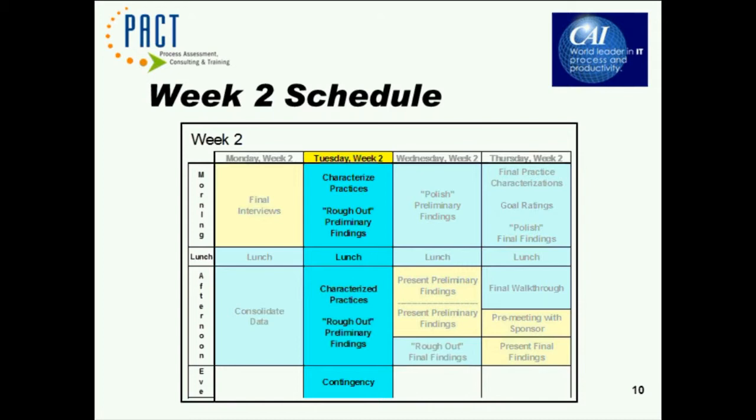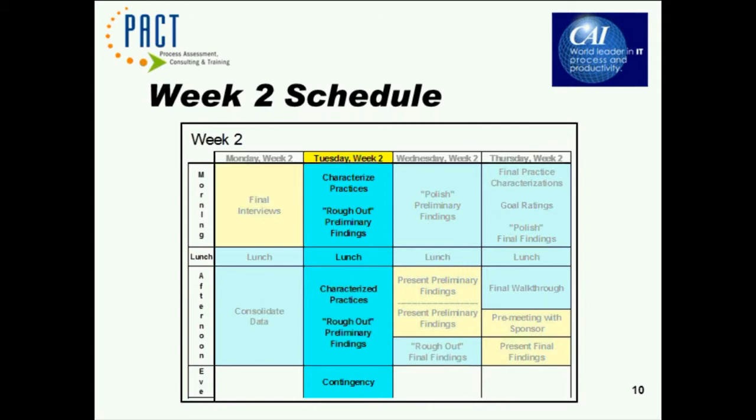Toward the end of the appraisal, too, we will be rolling up the collective projects, which some will be fully, largely, partially, or not implemented, and rolling those up so that we can make a statement about the organization's implementation of that particular practice. When we get to that point, we look to the mini team to make the initial proposal. Does it roll up to fully implemented? Does it roll up to largely implemented, etc.?